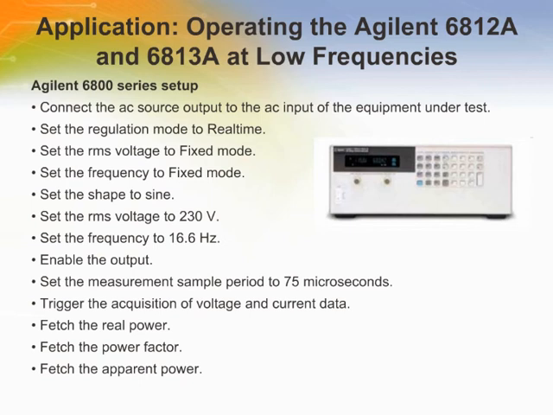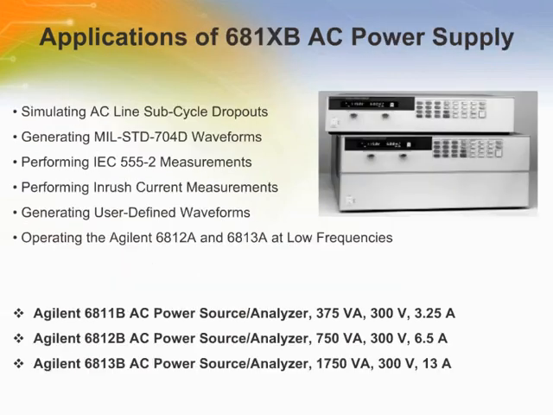If the AC source has measurement capability, control of the measurement sample period is necessary to capture sufficient cycles of the output waveform to ensure measurement accuracy. The 6812A and 6813A can meet the above challenges at frequencies below 45 Hz. These two models provide precise control of the waveform generation and measurement control system for optimal operation at low frequencies.